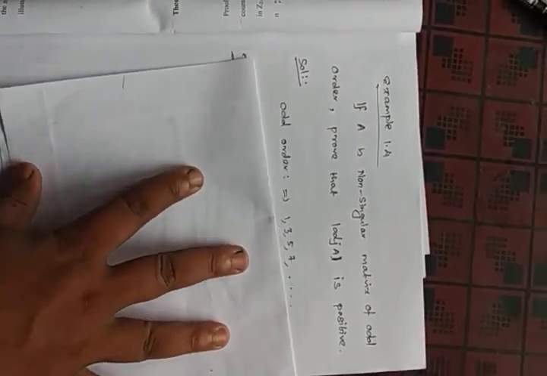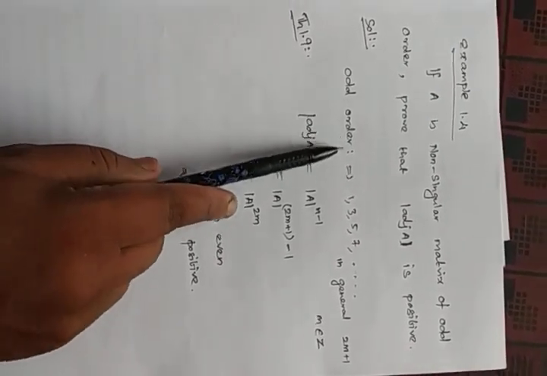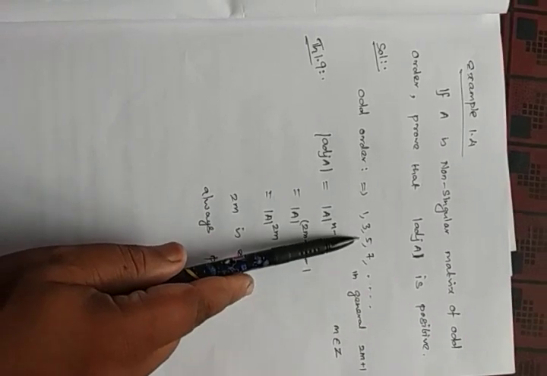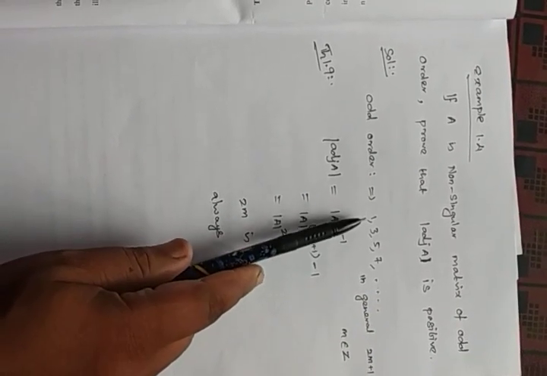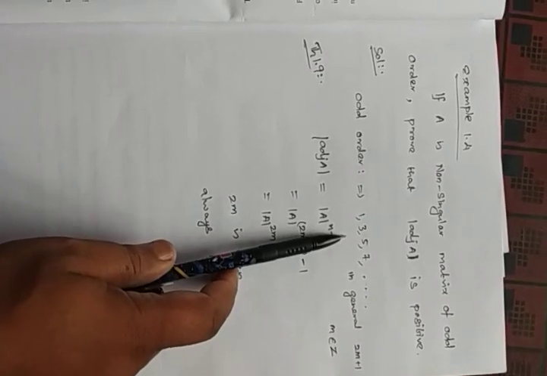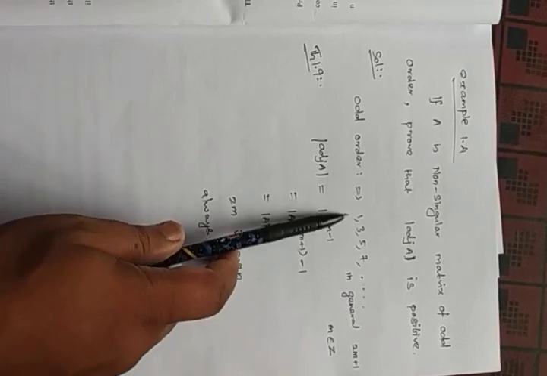So let's go. This is the solution I already have written here. You just see how I am going to explain this one. First you need to understand what odd order means. Either it should be 1 by 1, 3 by 3, 5 by 5, since this is a square matrix, we can simply write the number 1, 3, 5, 7.